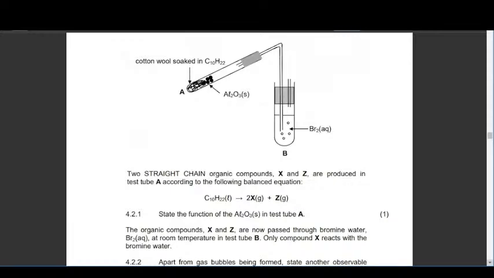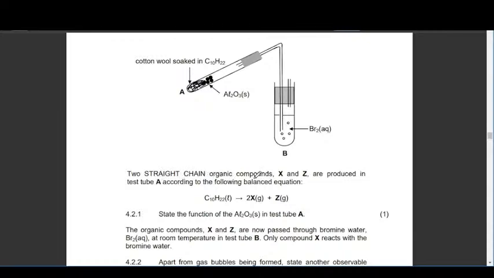Lastly, on organic molecules, they're saying that cotton wool soaked in this compound, which is an alkane. Yes. Because of 10 carbons and 22, it means that it's plus 2.